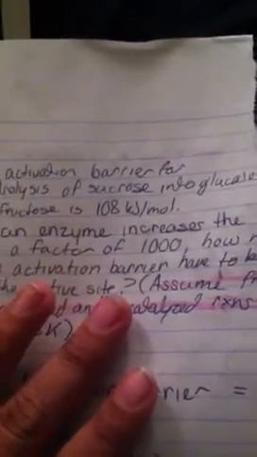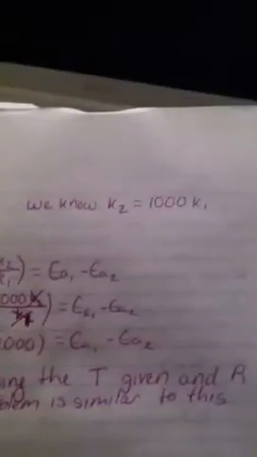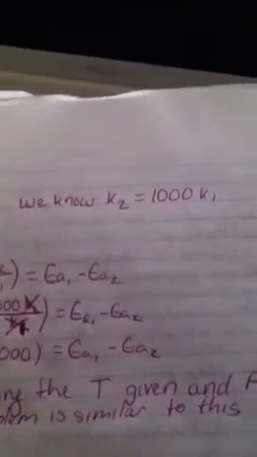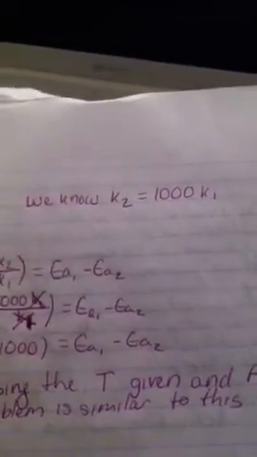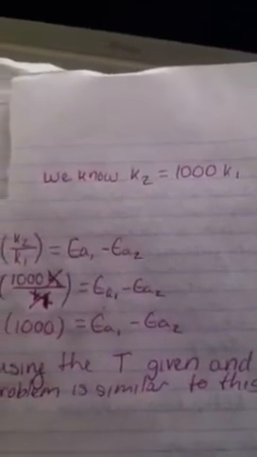So now what we have is, we know from where it said that it was increased by a factor of 1,000 or 10,000 or 1,000,000 or whatever yours says. I chose 1,000. We know that K2 is 1,000 times K1 because it said it increased it by a factor of however many it said.